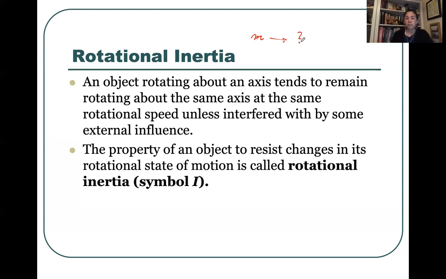It's going to have a symbol capital I. And we're going to see that it's going to carry some information about the mass of the object, but it's going to be more complex.